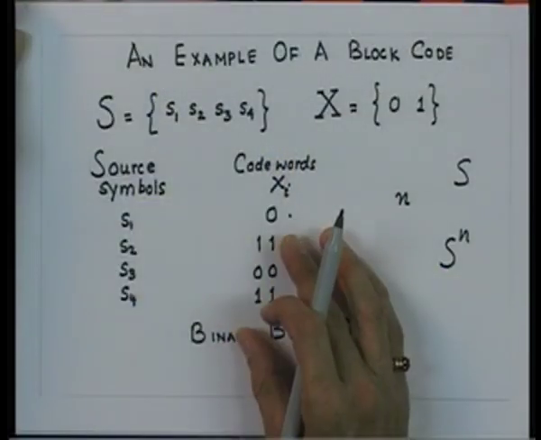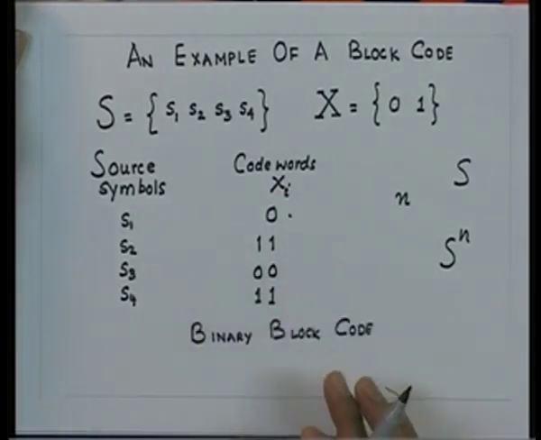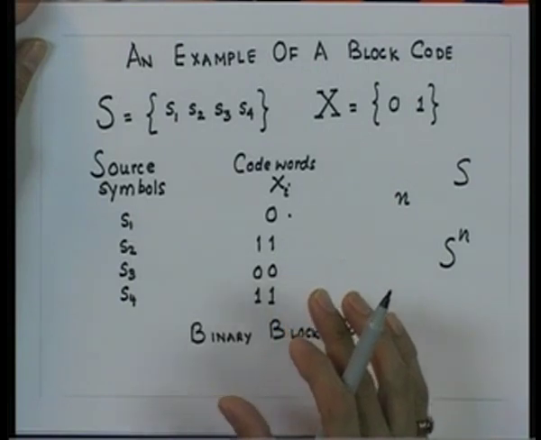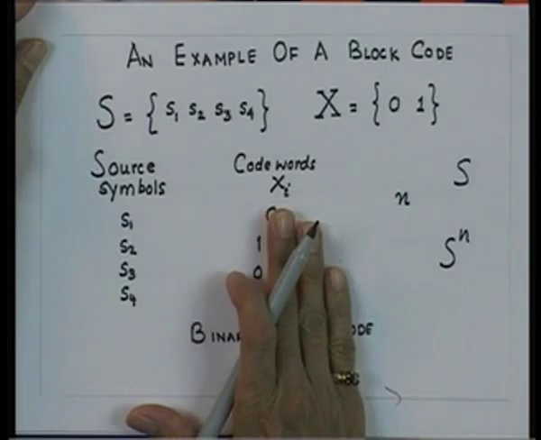What this example implies is that we should put further restrictions on block codes. The first natural restriction which we should put for a block code is that all the code words which we form for a code should be distinct. So a block code should be formed in such a way that all the code words in that code are distinct, and such a block code is known as a non-singular block code.